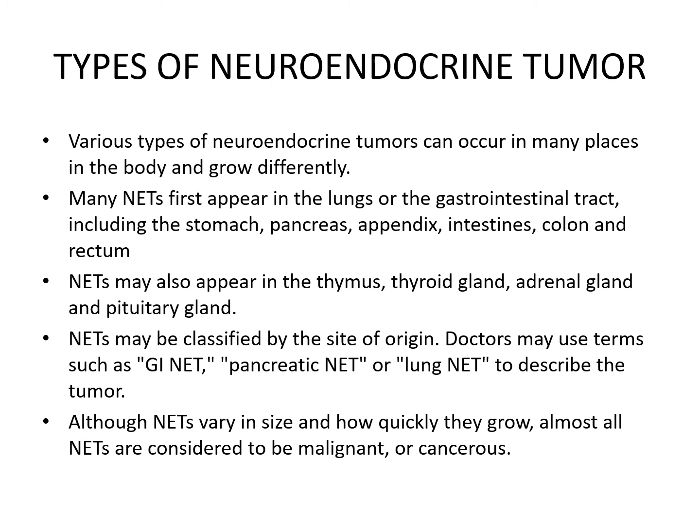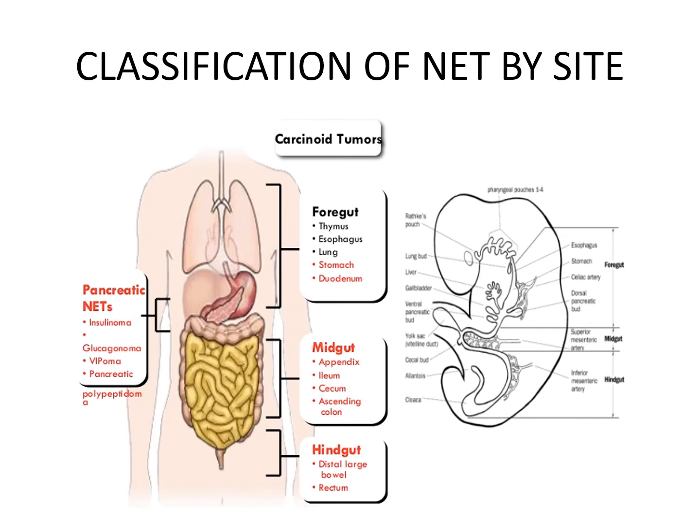So it may be classified by the site of origin. The doctors may use terms such as GI NET, pancreatic NET, or lung NET to describe this tumor. Although NET vary in size and how quickly they grow, almost all NET are considered to be malignant or cancerous. So this is the classification of the NET by sites of the tumor.